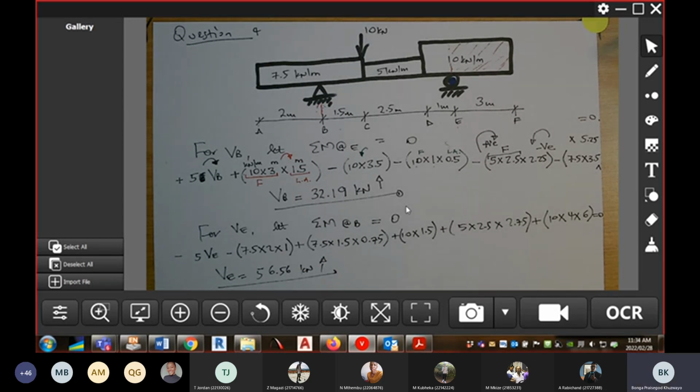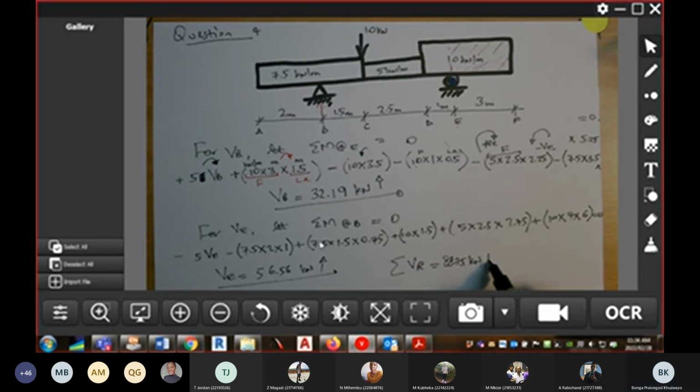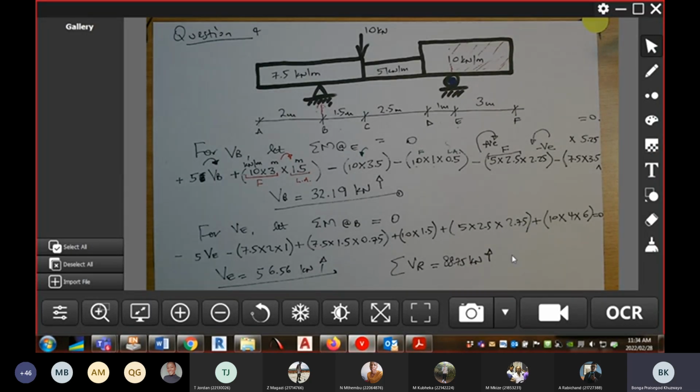Okay, what is the sum of vertical reactions equal to? Anyone, please? Sum of vertical reaction. Here, these two numbers. On my side, I'm getting 88,75 kilonewton up. Then what you need to do now is to check it against the sum of the forces in the y direction.